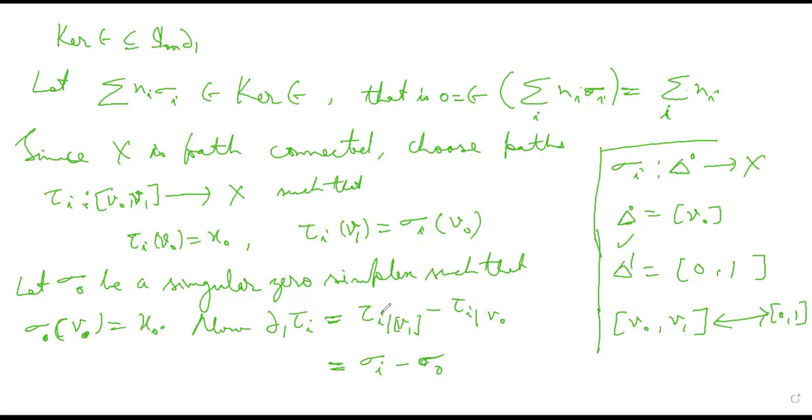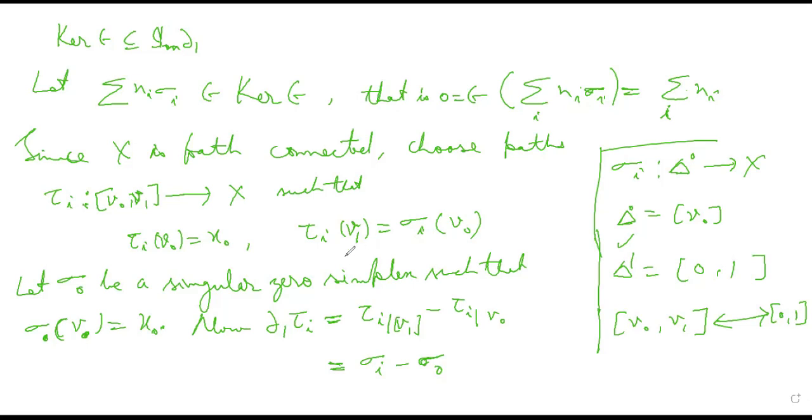So here you should notice that tau I restricted over V1 is actually a singular zero simplex, right?